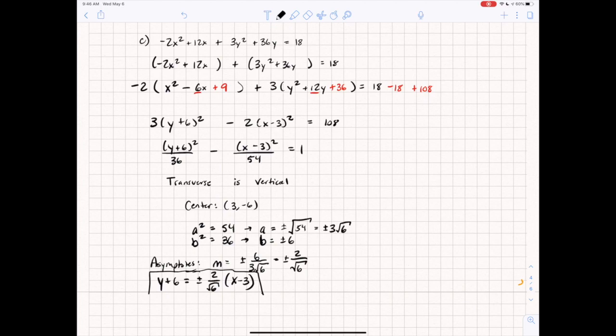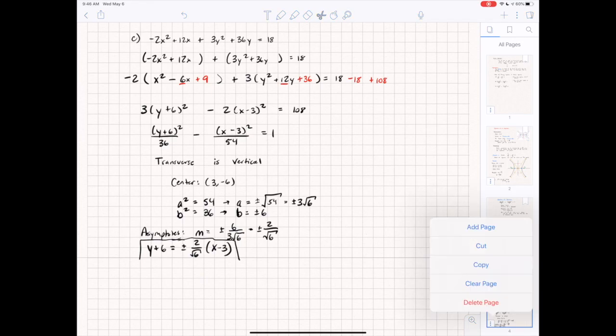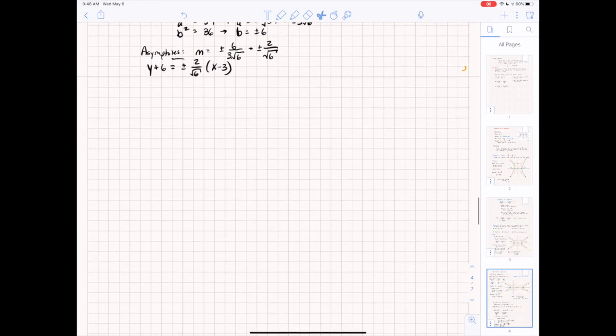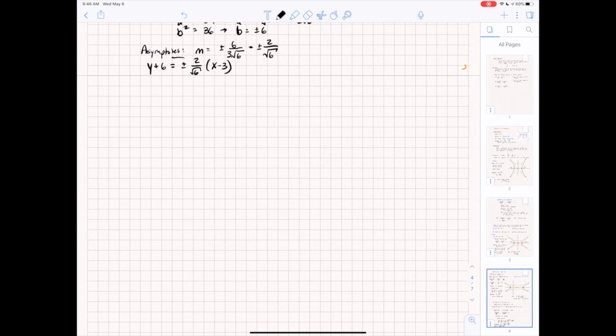All right, so then taking that, let's go ahead and create a sketch. Hopefully I'm going to have enough space for this. I think what I'm going to do is add a page underneath. Okay, so we've got a blank page. I'm going to use this down here because this graph is very tall.